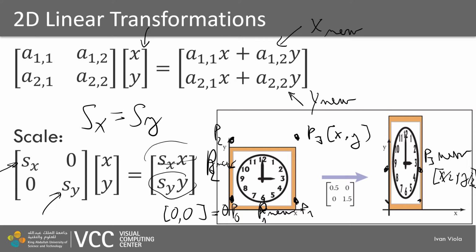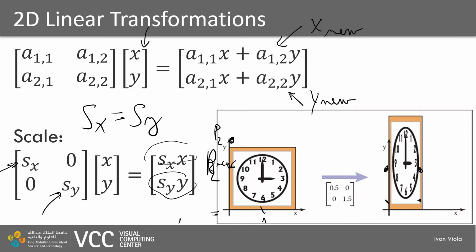If we, however, change our scaling factors from uniform to non-uniform, I will just remove this so that you can see the picture clearly, then we see here that the X scaling factor has remained, but the Y scaling factor has changed to 1.5.